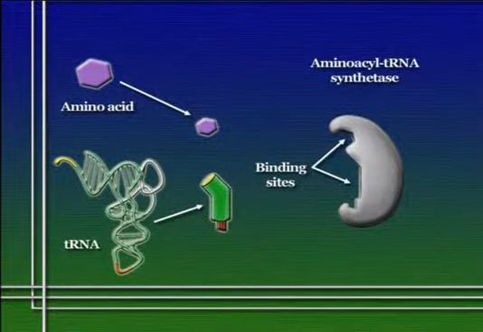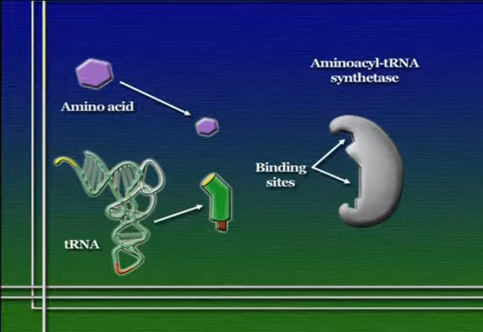One of the most simple and fundamental ways in which enzymes catalyze reactions is by bringing two or more substrate molecules together in close proximity and in the proper orientation relative to each other. We saw an example of this when we looked at the function of amino-acyl tRNA synthetase. Remember, that enzyme has two binding sites, one for a particular amino acid and one for a particular tRNA that corresponds to that amino acid.